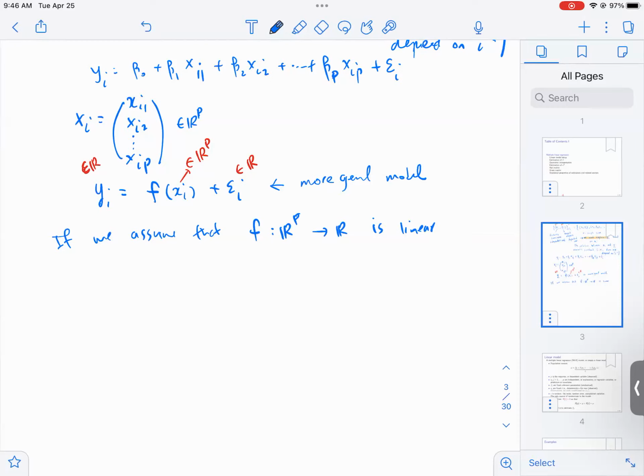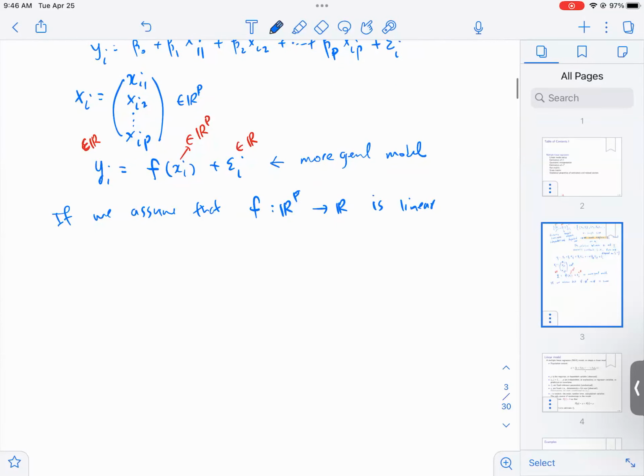So f of cx equals c times f of x, where c is a constant. And f of x plus y is equal to f of x plus f of y.